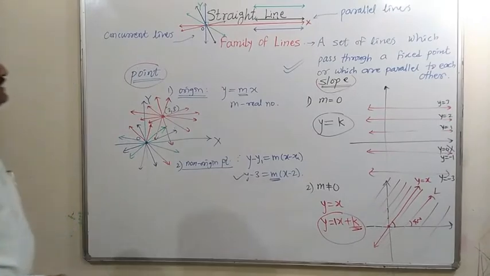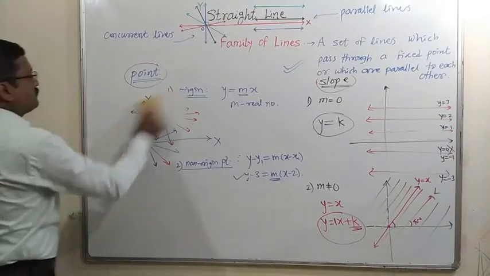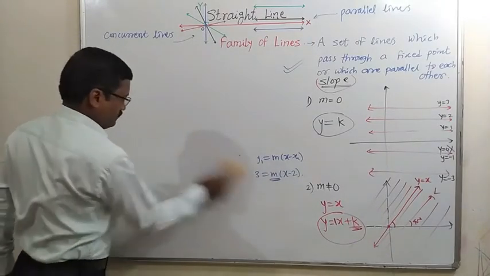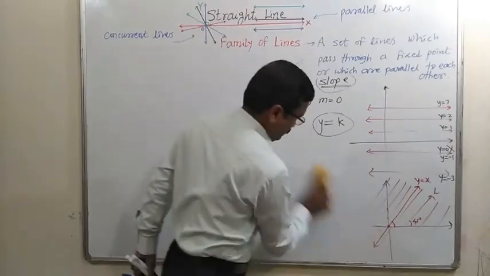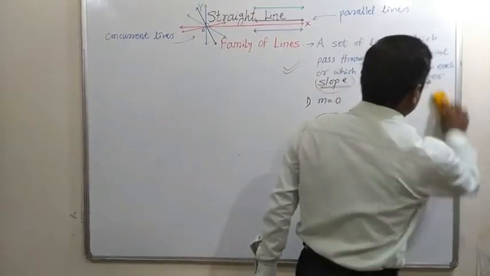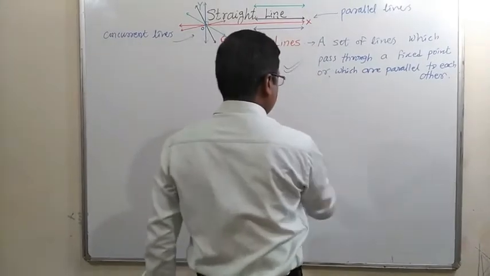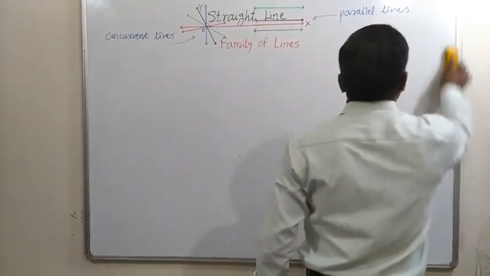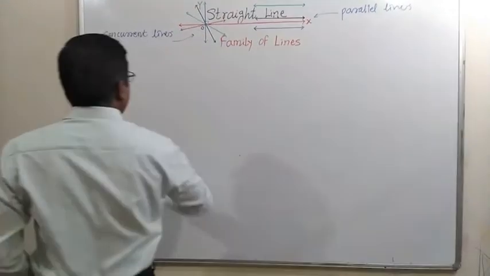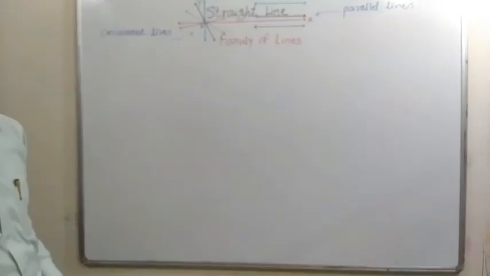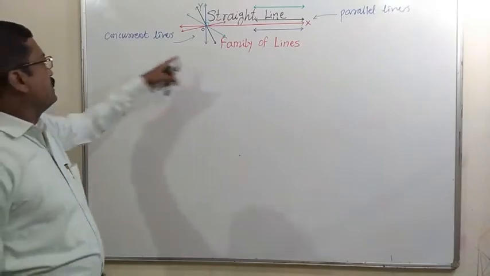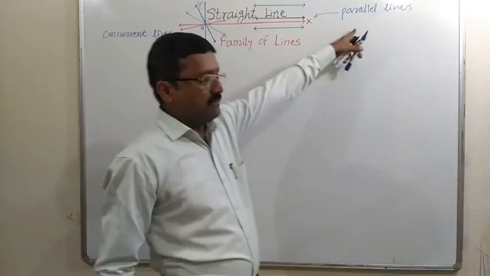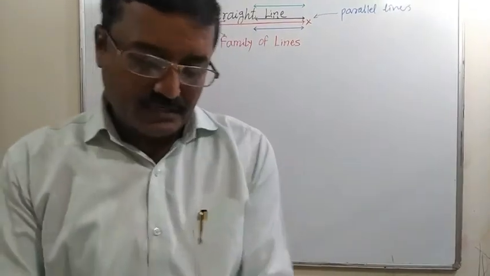Let us see some examples related to this. From this theory, we remember that a family of lines is nothing but concurrent lines or parallel lines. Let us see one example.